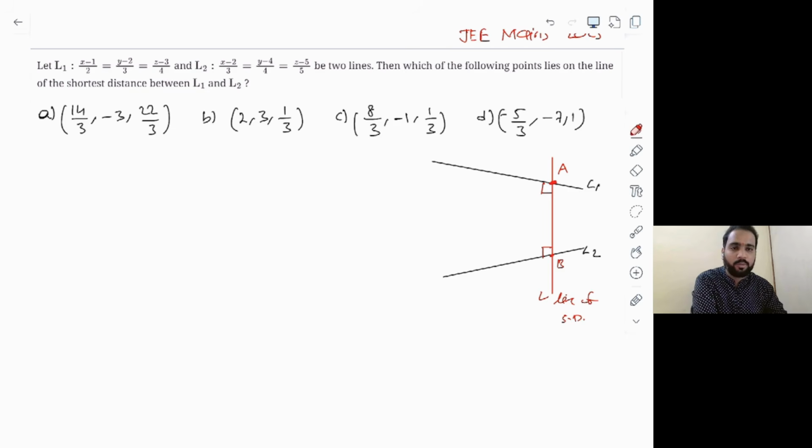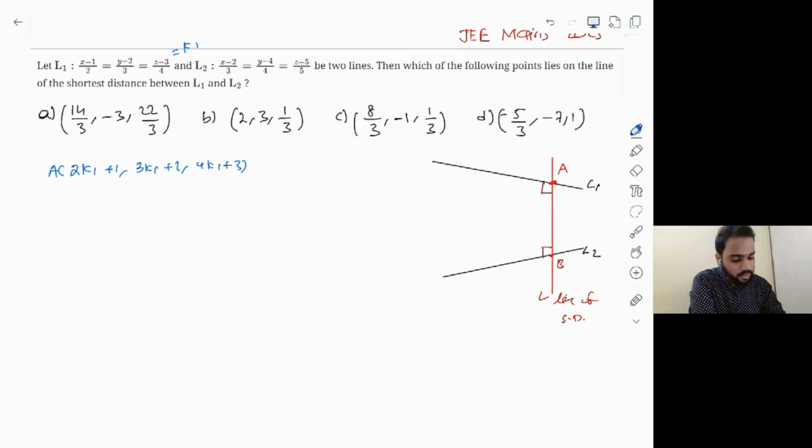Now, the first thing you're supposed to do is assume the points A and B on L1 and L2 respectively. But we know very well how to assume the points, right? So I will take the first line equal to some K1 so that I will get the general point on L1, that is point A, as nothing but, you know how to do this one, right? 2K1 plus 1, comma, 3K1 plus 2, comma, 4K1 plus 3.